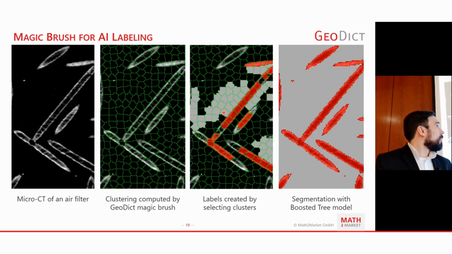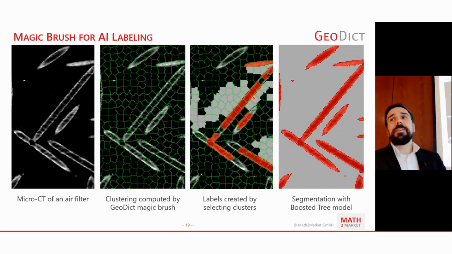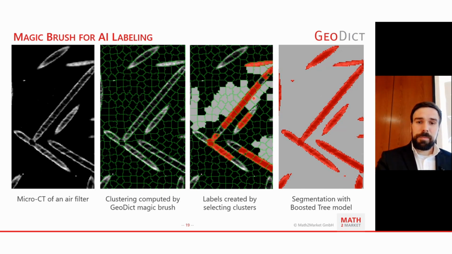Doing something like this before may have taken a few minutes, and that's like 30 seconds now. So it's a lot faster and easier if you have nice edges in your material, to get a segmentation way to your training data for the AI way faster.